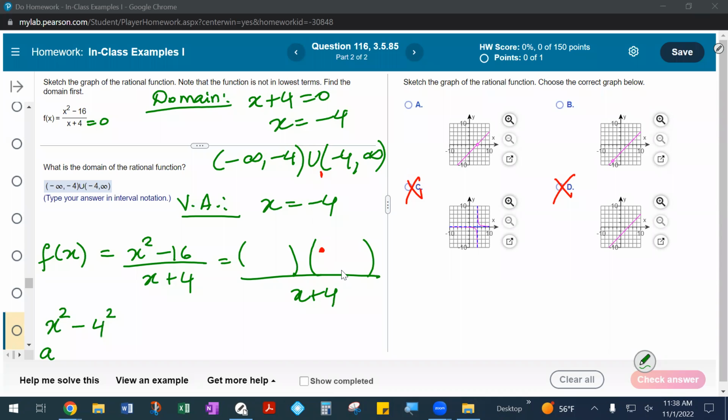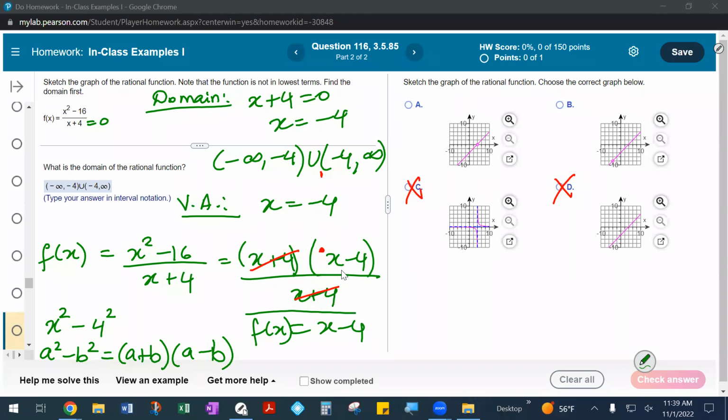Remember, you can use that difference of squares factoring. That factors into x plus 4 times x minus 4. And then as you can imagine, since we have x plus 4 common in both, we can cancel that out and put it in lowest form, which in its simplified form is going to be x minus 4.